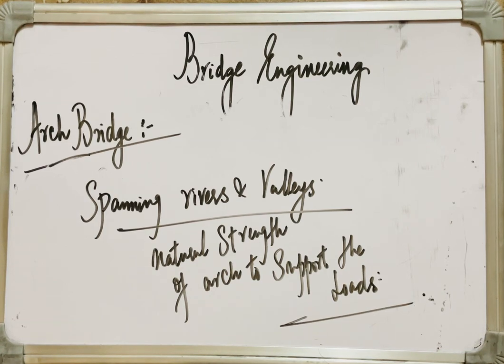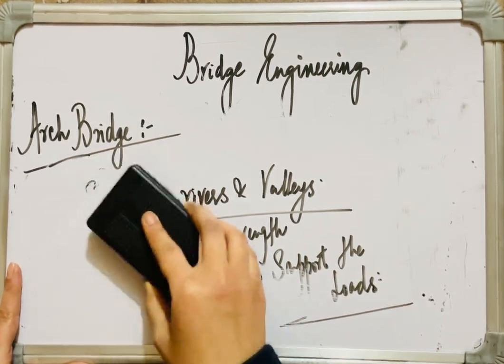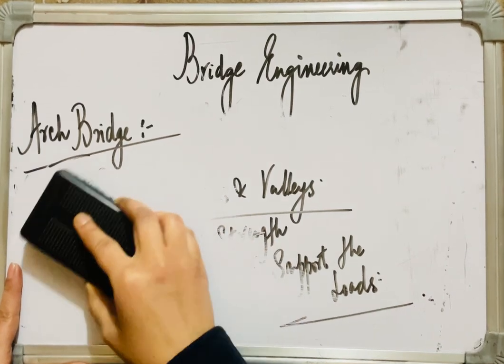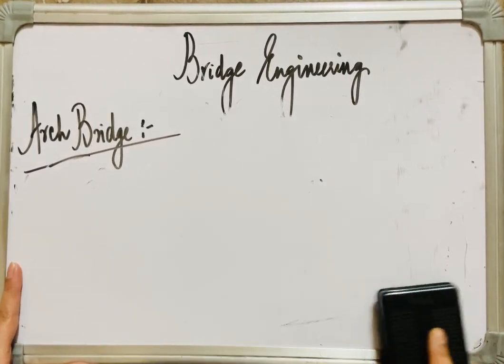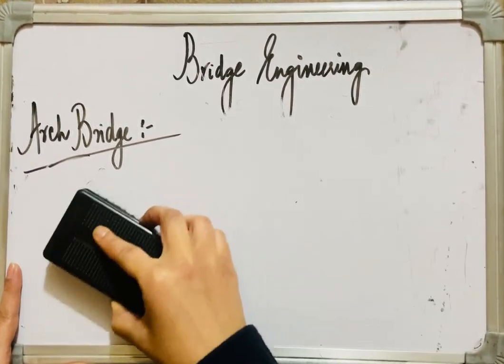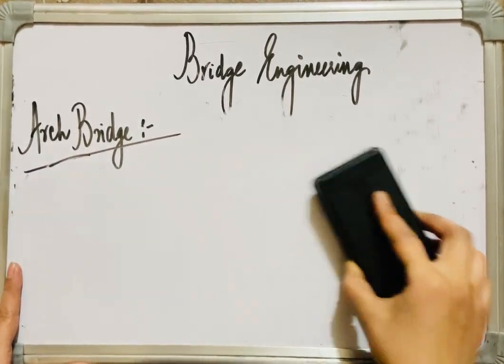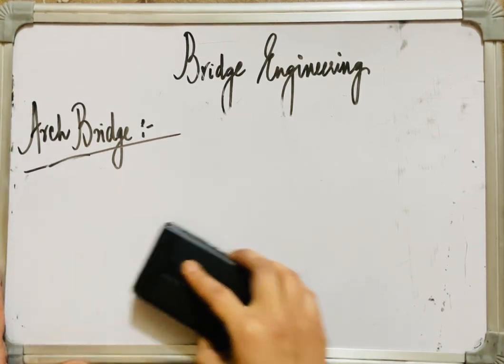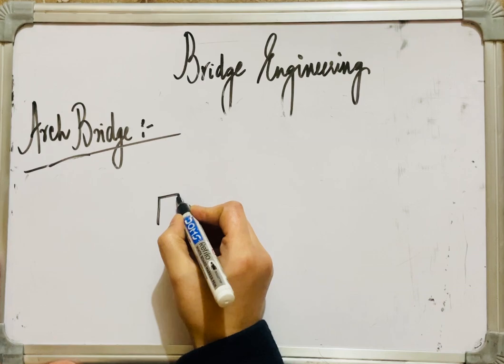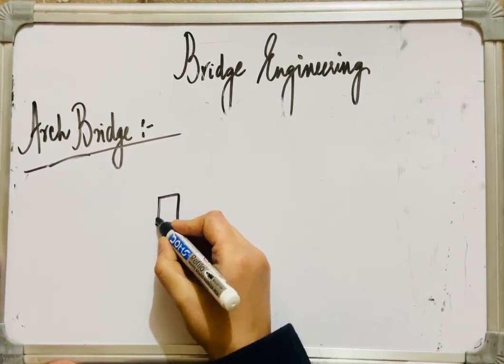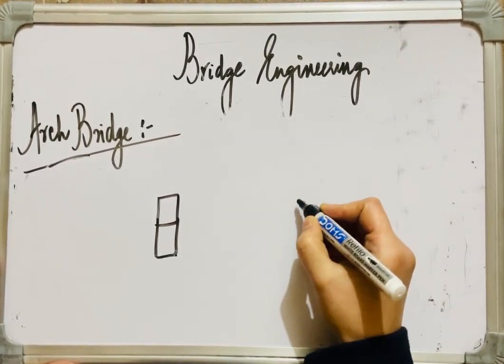All right, so this was about the arch bridges. The Roman aqueducts and the Sydney Harbour Bridge exemplify the timelessness and the efficacy of this bridge type, the arch bridge type. All right. If this is one of the abutments, this is another. Let me make it a longer one.